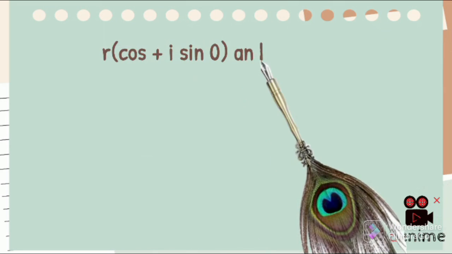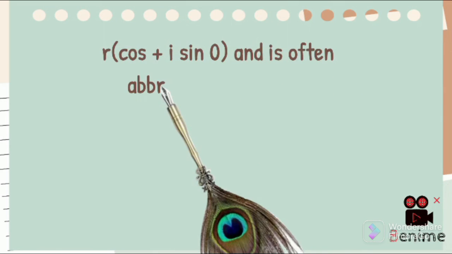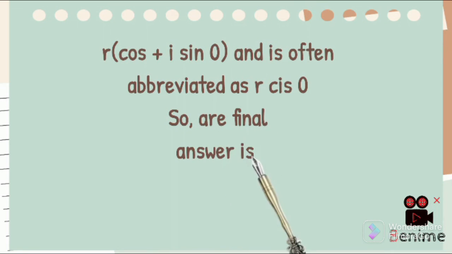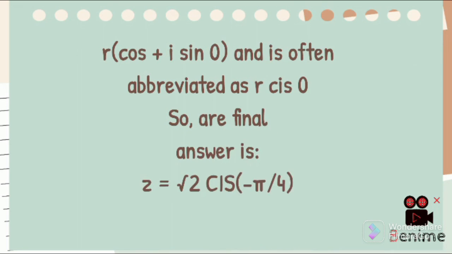That is R cos theta plus iota sin theta, and is often abbreviated as RCIS theta. So, our final answer is z equals under root 2 CIS pi by 4.